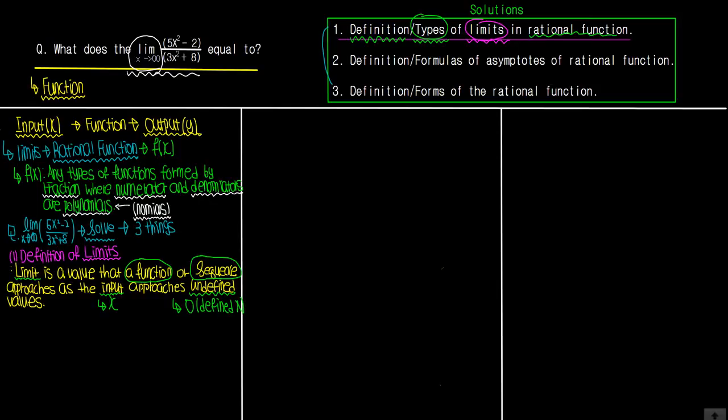And from the two types, there will be a function and a sequence. That means we can apply limits to either the function or the sequence.